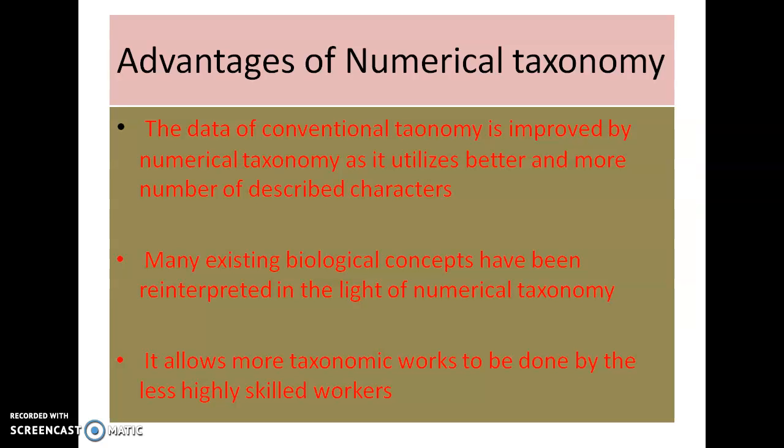Then what are the advantages of numerical taxonomy over conventional taxonomy? Conventional taxonomy, where characters are studied by means of morphological features, is improved by the emergence of numerical taxonomy because it provides better and a greater number of described characters. Conventional taxonomy is the taxonomy which was done in the oldest times, at the beginning of classification, on how the taxa were considered.